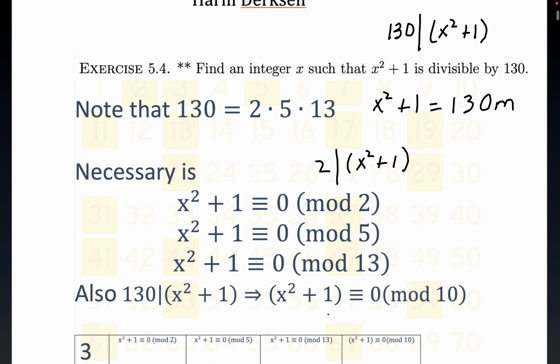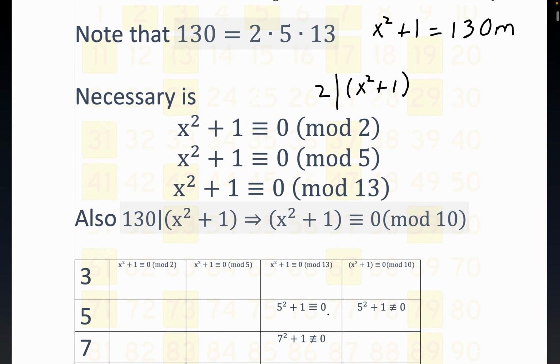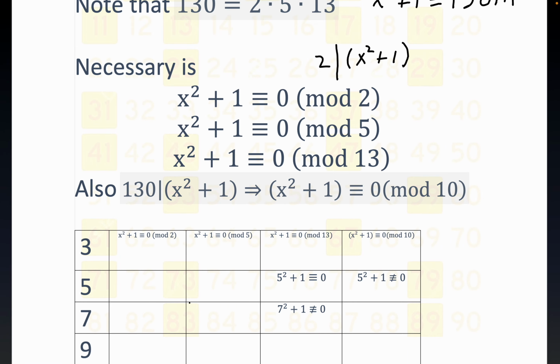Now what I did is I just did this in a tabular format. Obviously I didn't write down all the cases, but I wrote down some situations where it failed. In other words, all 4 of these conditions had to prevail. I didn't show it for 3, but for 5, you can see that 5 squared plus 1 is 26. That's not divisible by 10, right?